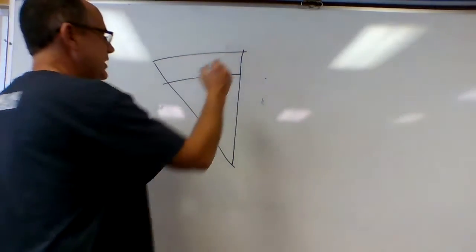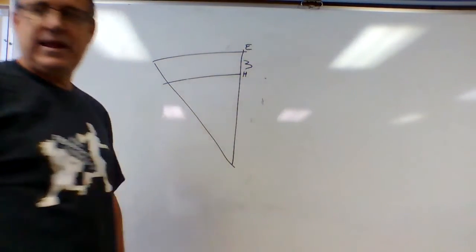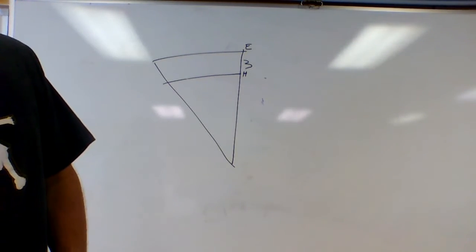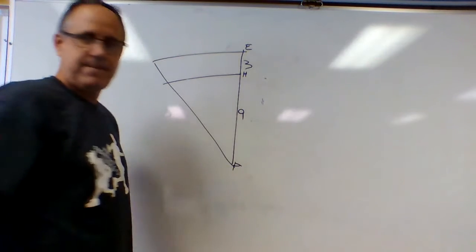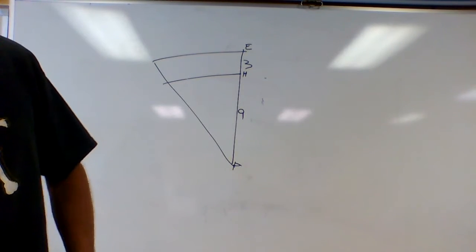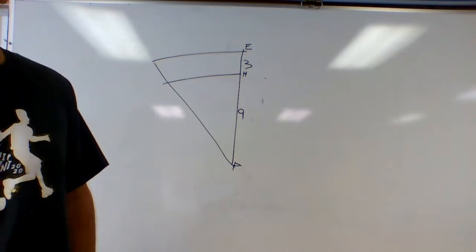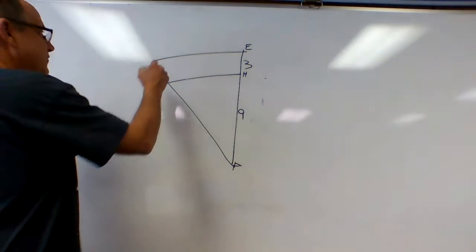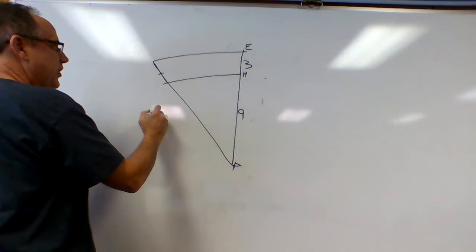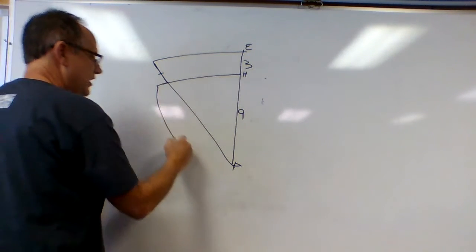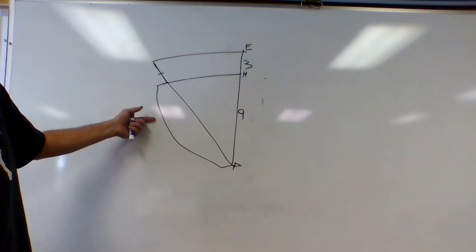EH is 3 and HF is 9. All right. And DG is 1/3 the length of GF. So if this is 1/3 of this, does that make it proportional?